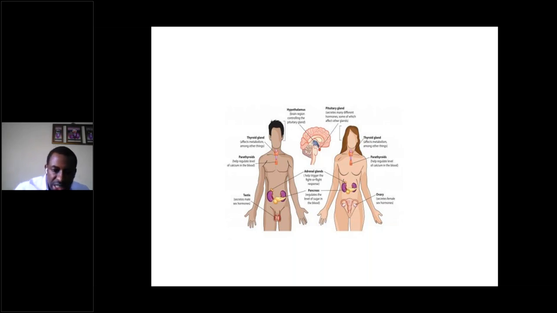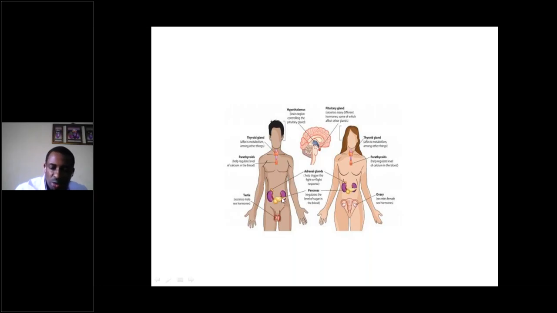Okay, so the adrenal glands help to trigger the fight or flight response. So when there is a threat in the environment, it's the adrenal gland that is involved, close to the kidney. So you have the pancreas. The pancreas regulates the level of sugar.